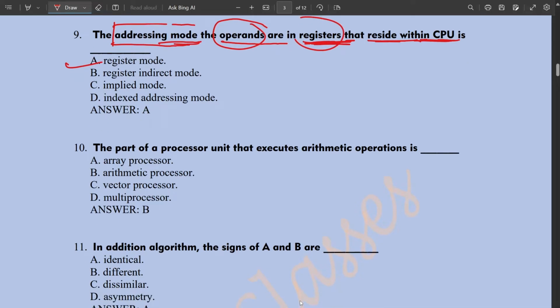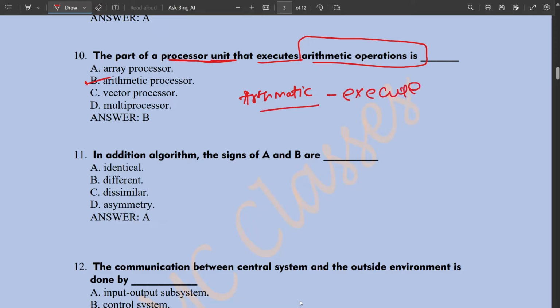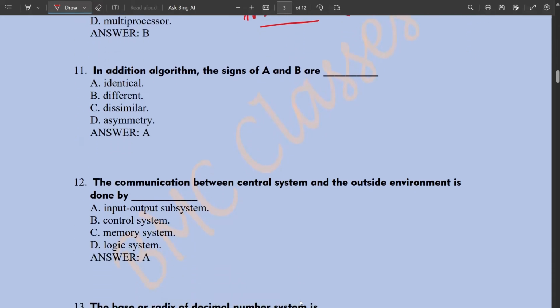Next, the part of the processor unit that executes arithmetic operations is called the arithmetic processor. It executes arithmetic operations. Next, in the addition algorithm, the sign of A plus B, the answer is identical.